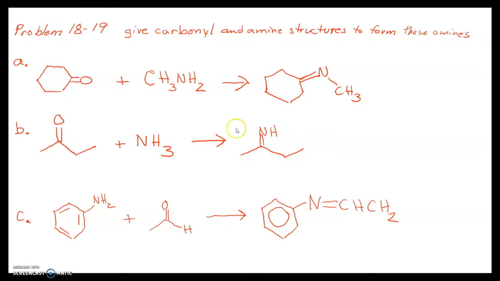Here are some examples of reactions of aldehydes and ketones with nitrogen containing compounds. The nitrogen containing compounds could be many different types of compounds. As I said in other videos, your nitrogen should contain at least two hydrogen atoms for the reaction to happen.